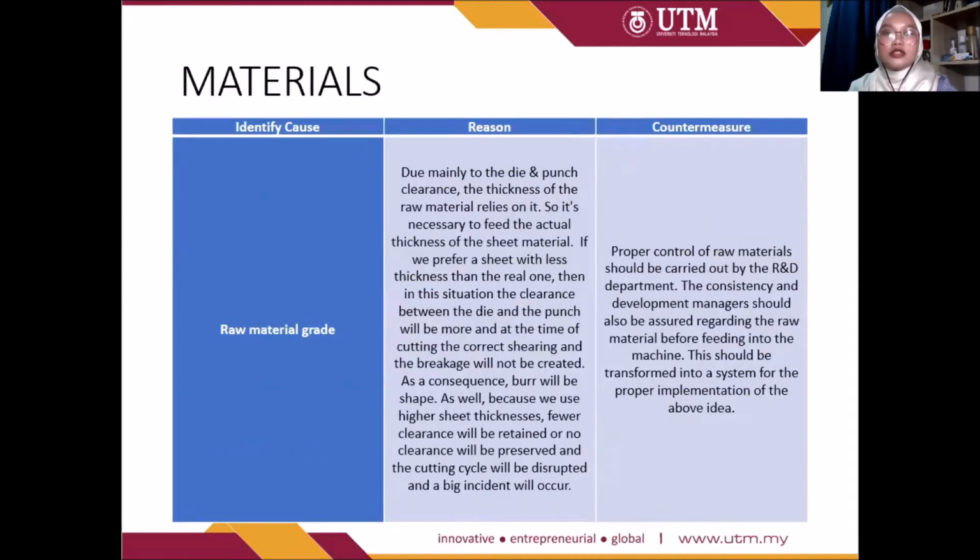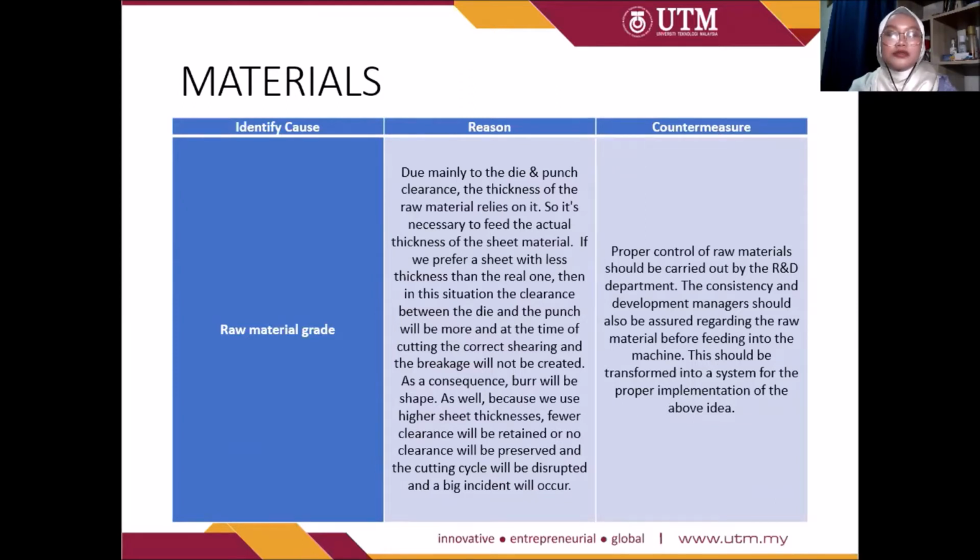The second one is materials. The cause is raw material grade. This is mainly because of the die and punch clearance; the thickness of the raw material relies on it. Sometimes the raw material grade is really low.